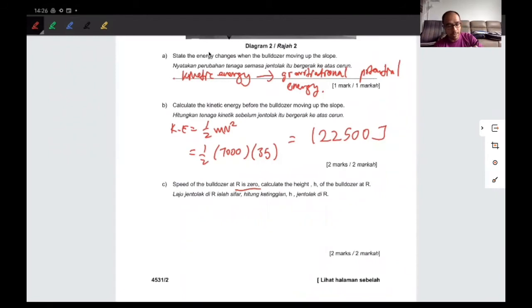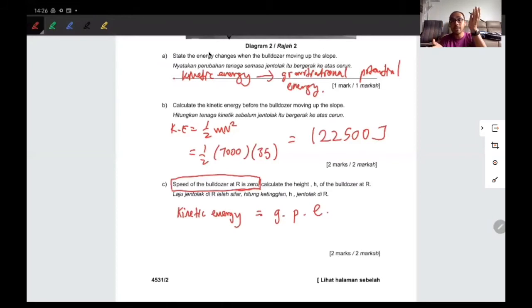Which means that the kinetic energy equals gravitational potential energy. I'm not going to waste time writing the whole thing. I understand this because of these words: speed of the bulldozer at R is 0, which means the kinetic energy is decreasing and the potential energy is increasing. That's what it means.